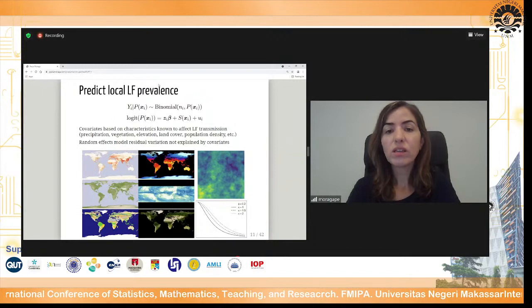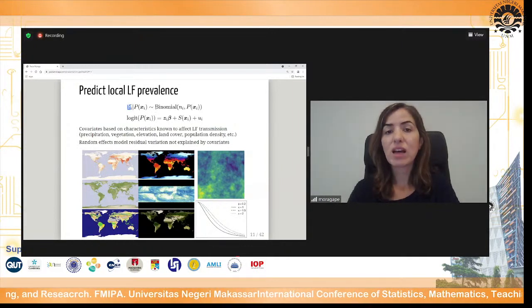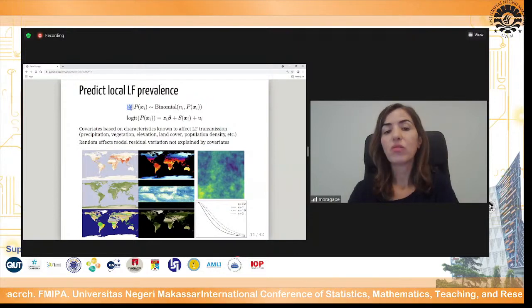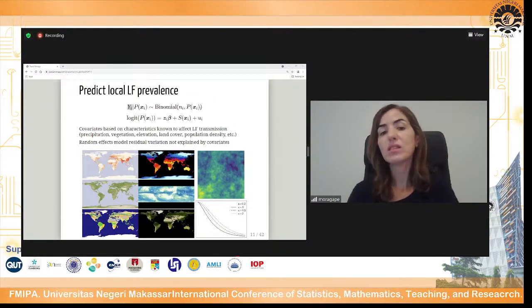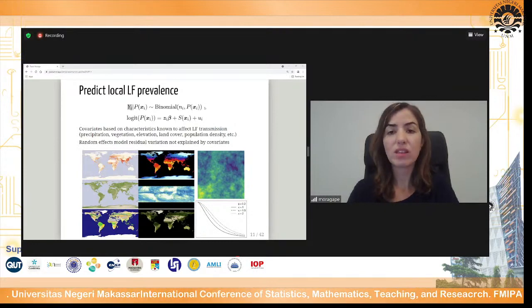Here at location X, we have a survey that has N people, and out of N people, Yi of them are positive. People that tested positive for the disease has a binomial distribution with parameters N, the number of people in the survey, and P, that is the prevalence of the disease or the probability of having the disease.